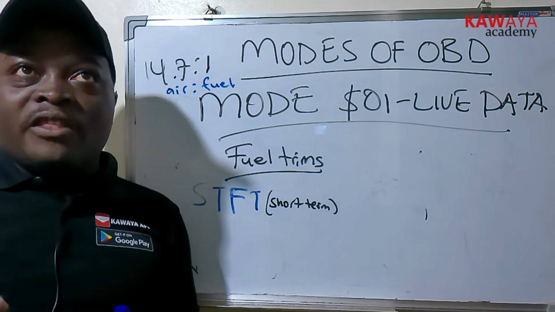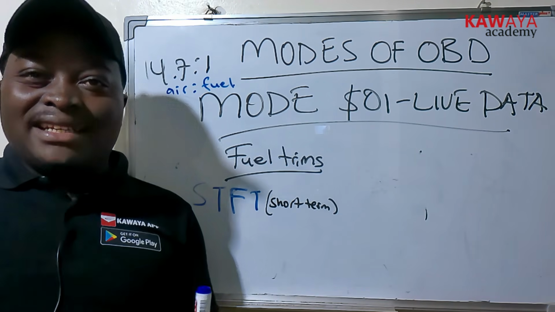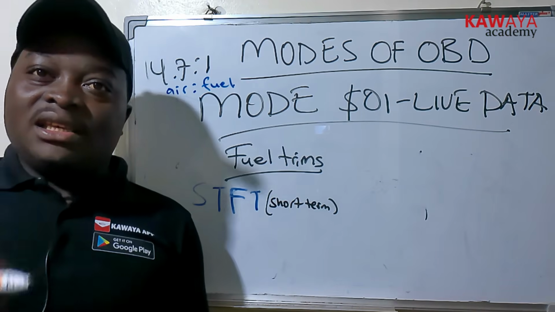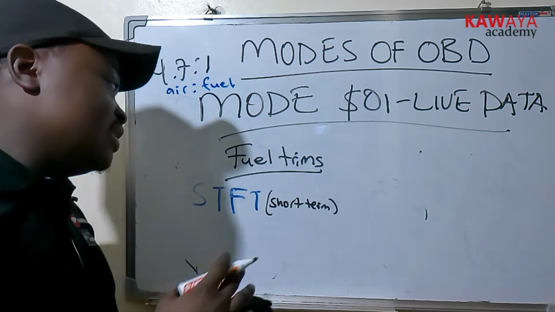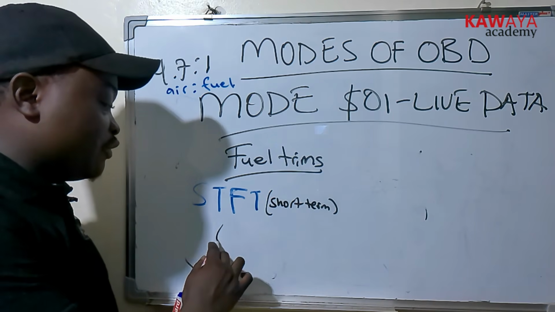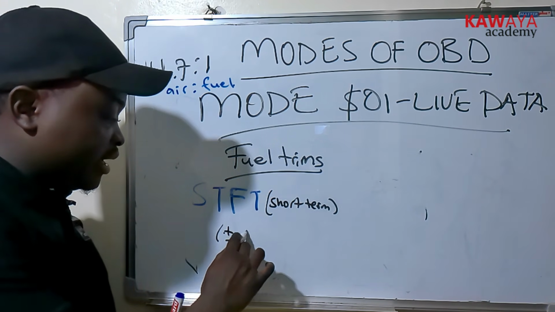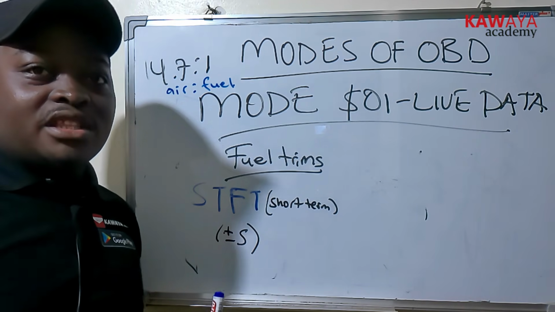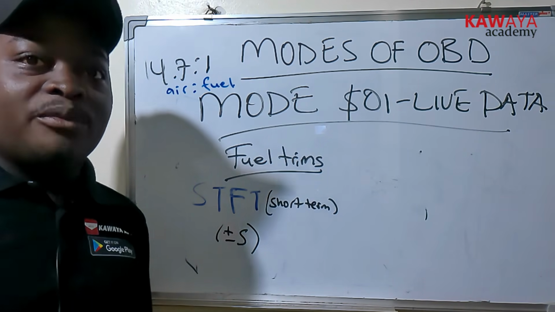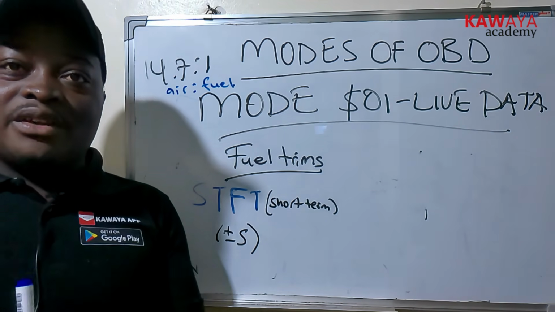It means the ECU is always using sensor data at every moment to trim, and the short-term fuel trim basically ranges plus or minus 5. That means under live data, you see the short-term fuel trim ranging between -5 and 5.